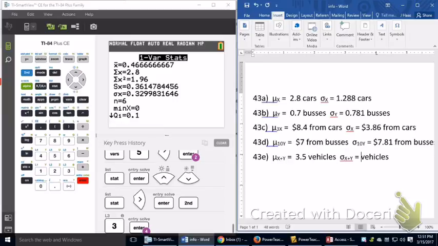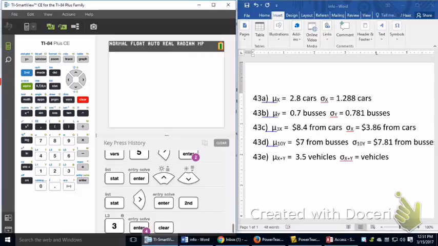Now standard deviation, I cannot add standard deviations, but what I can do is add variances. So basically I have a situation where it's going to be like the Pythagorean theorem, where I'm going to be looking at 1.28 going in one direction, and then a standard deviation of this going in the other direction.